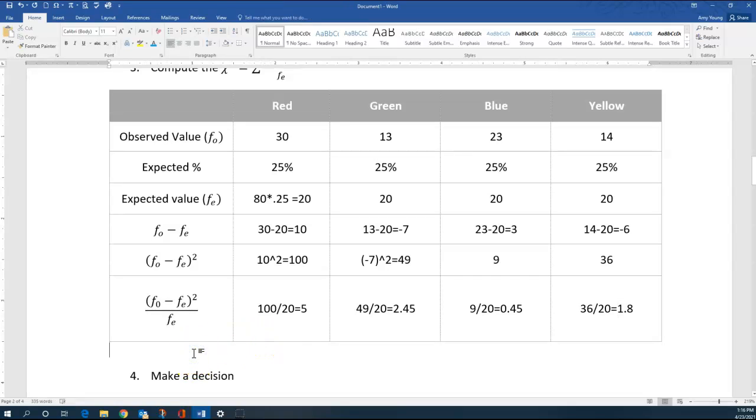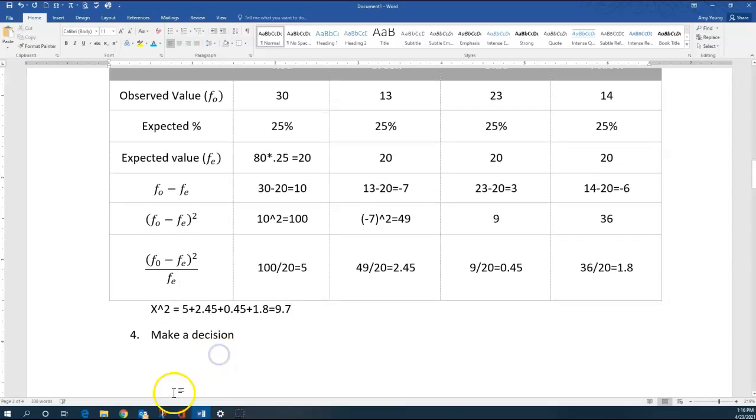So when we get our chi-square, it's going to be 5 plus 2.45 plus 0.45 plus 1.8. If we add all of that together, we get 9.7.